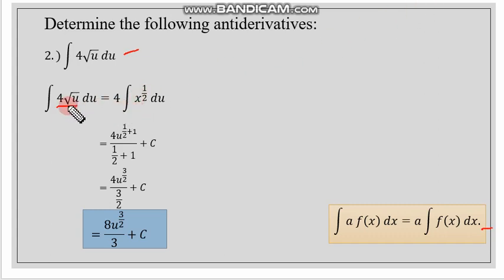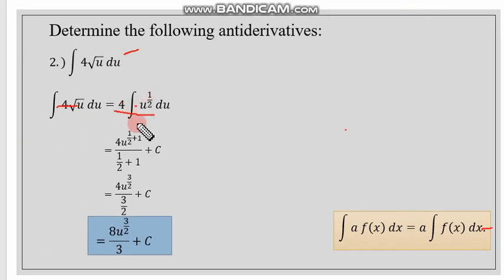So from square root of u, it becomes u raised to 1/2. Now it becomes 4 times the integral of u raised to 1/2 du. I'm sorry, it should not be x, it's u. I've edited it.